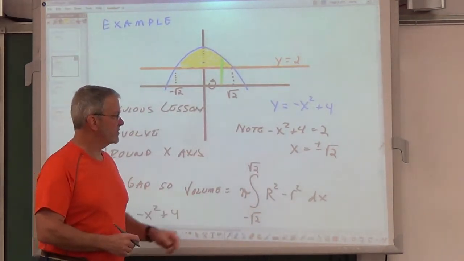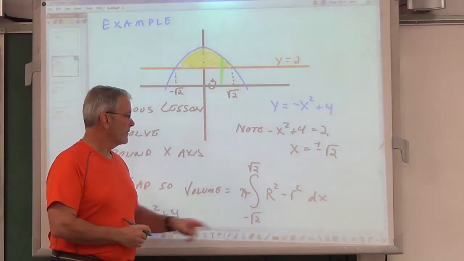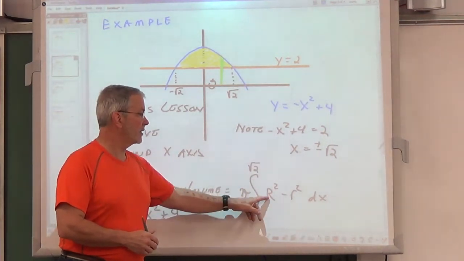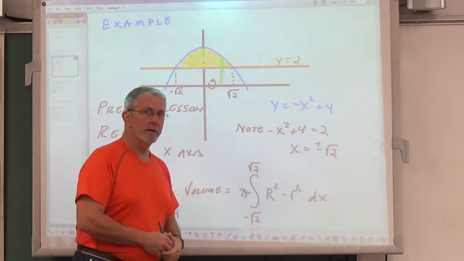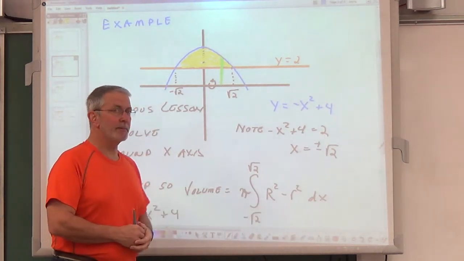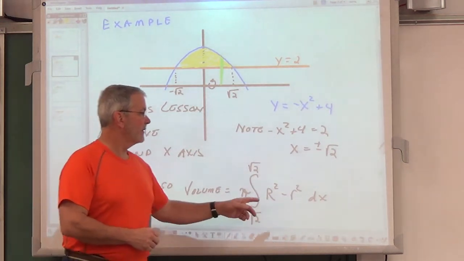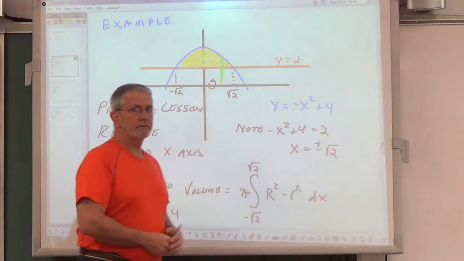So our volume was going to be this integral from some x value to another x value of big R squared minus little r squared. Keep in mind we have to have the constant pi out in front. And so it's just a matter of finding the big R and the little r.